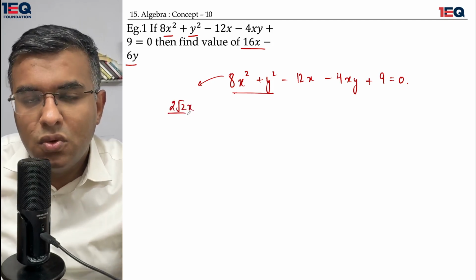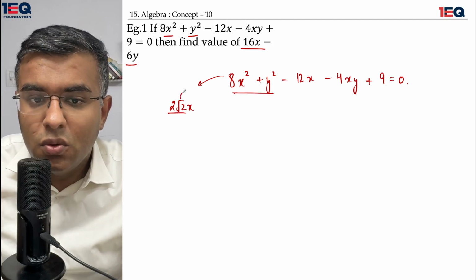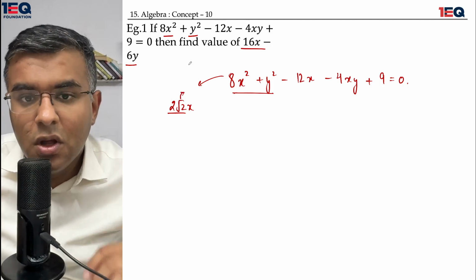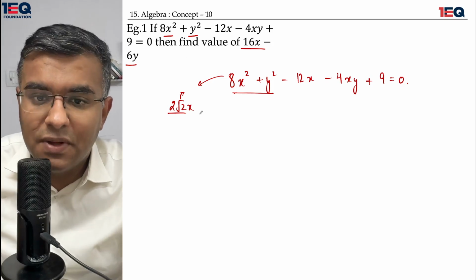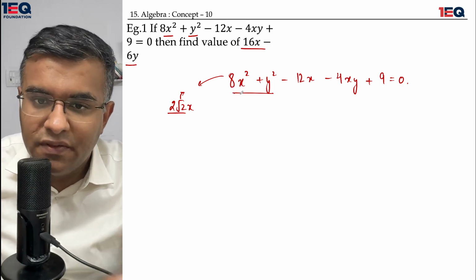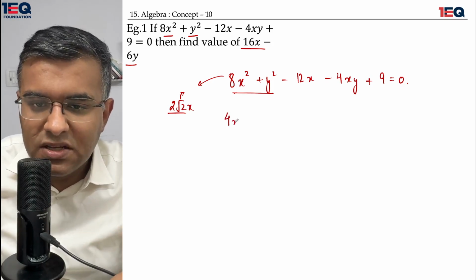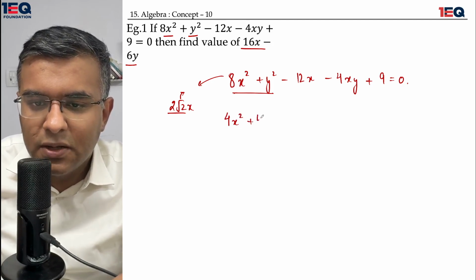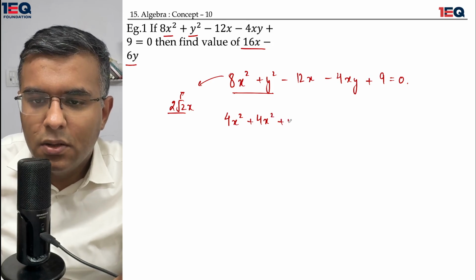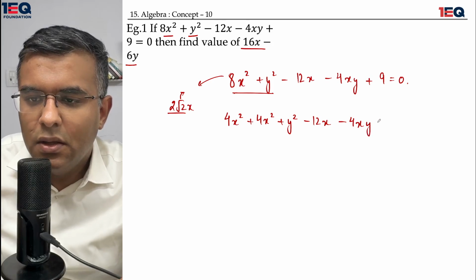Now, this root 2 would have appeared somewhere else in the equation as well, had it been a direct coefficient of x square. That means this 8 has to be split into two parts. So I'll be splitting it into two equal parts, which is 4x square plus 4x square plus y square minus 12x minus 4xy plus 9 being equal to 0.